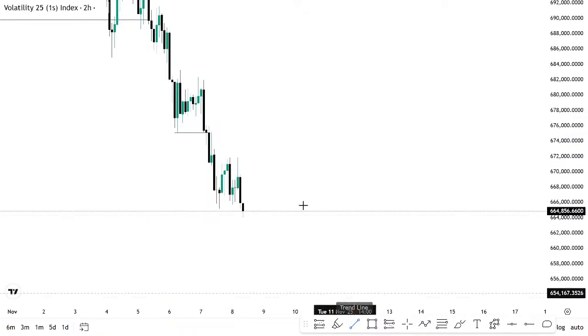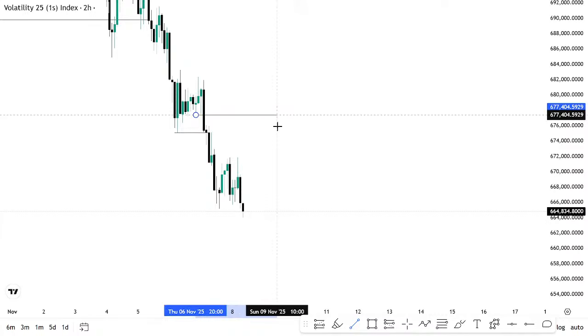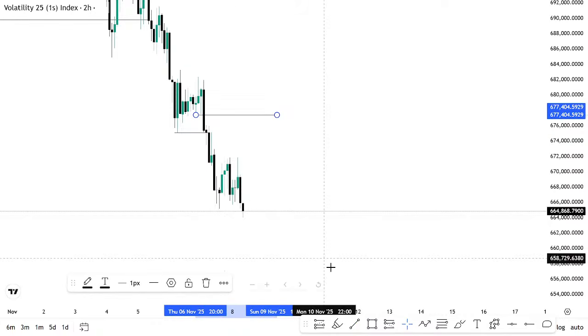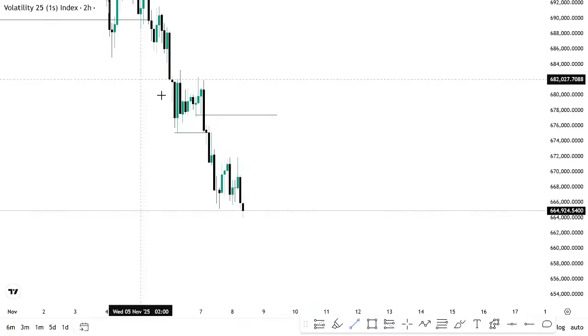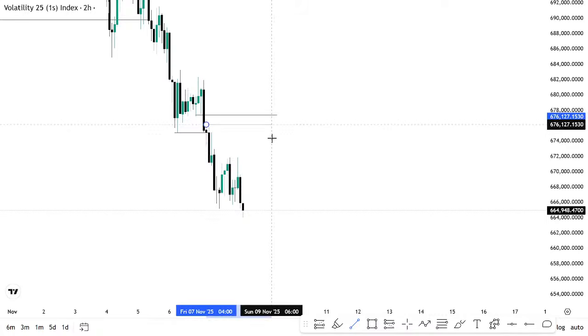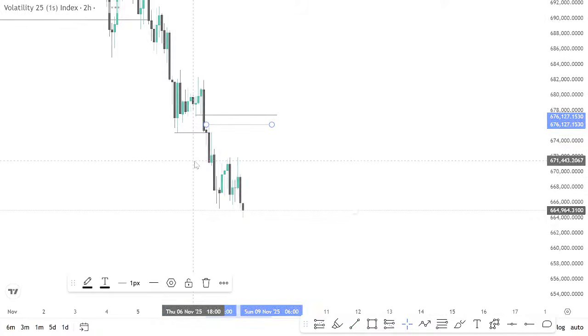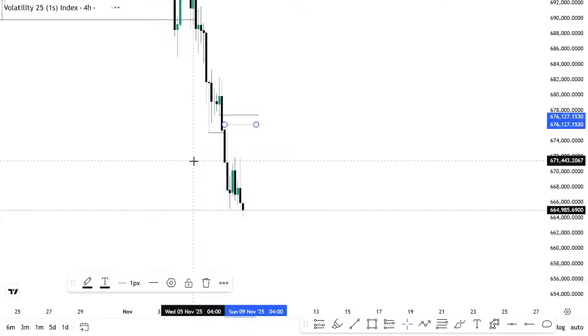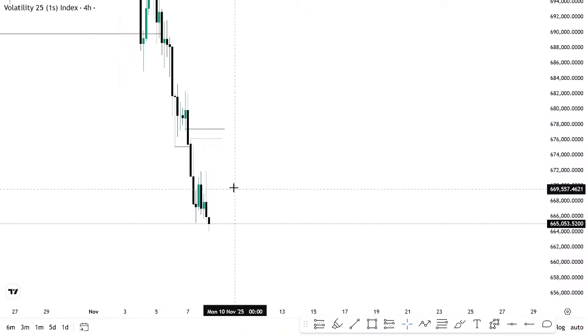This is a fair value gap. A fair value gap I am expecting market to come back to. Let me check it on 4 hours time frame. Okay, very good area.